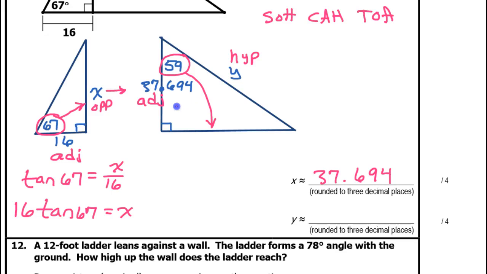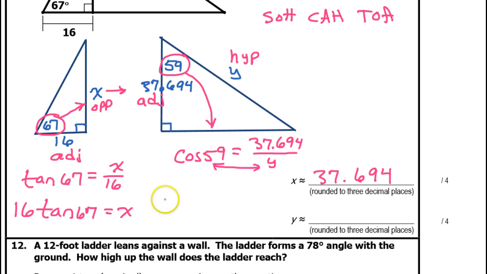So that tells me that it's all about adjacent and hypotenuse, and that is the cosine function. So I'm going to write cosine 59 is equal to adjacent over hypotenuse. When the variable is in the denominator, that's when you swap these.